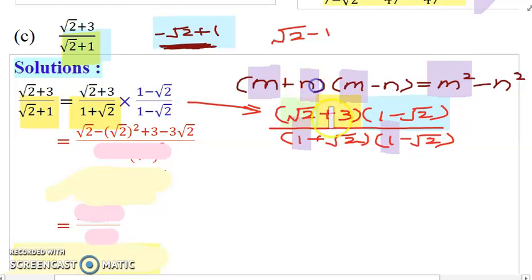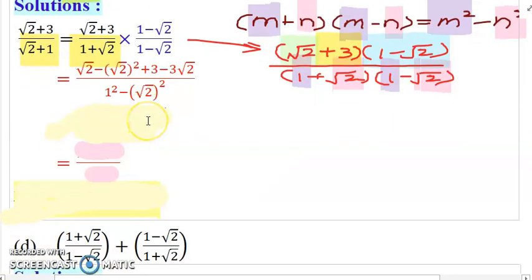The corresponding n is square root of 2 by comparison. So we take square root of 2 and square it. So m squared gives us 1 squared, n squared gives us square root of 2 squared. And go on. This is the result after we expand.